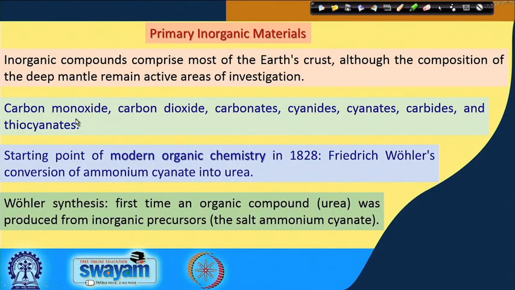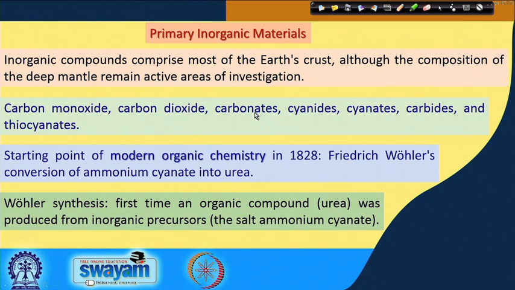So, in our next class we will consider how we can utilize not only the two sources we have so far considered, one the source of air, another the source of water, but also, if we are able to make useful compounds like carbon monoxide, carbonates, cyanides, carbides and thiocyanates, how we can incorporate those useful inorganic species. That means in carbonates we have CO3 2-, in cyanides CN minus, in cyanates OCN minus, carbides C2 2-, and thiocyanates NCS minus.